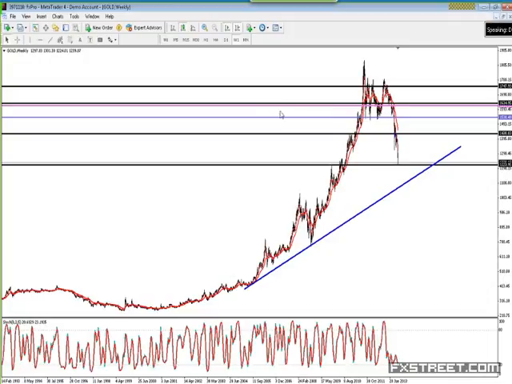So now we're at a pretty key little level here. This 1220 is the previous swing high.